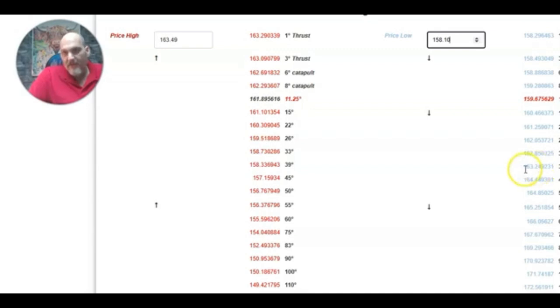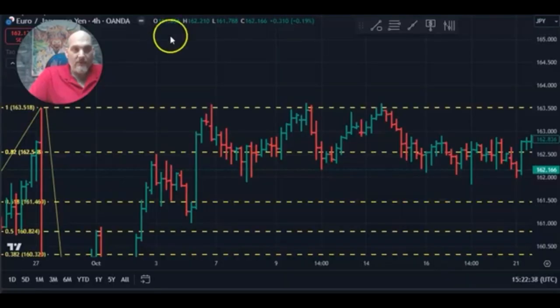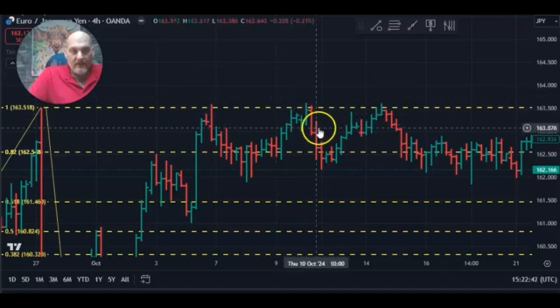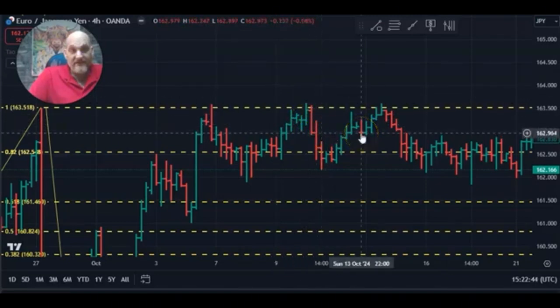So right now I could go right here, 163.29, and put my protective stop in 163. Where are we here? 163.62, 163.29. I would have been out, stopped out, or protective stopped out.